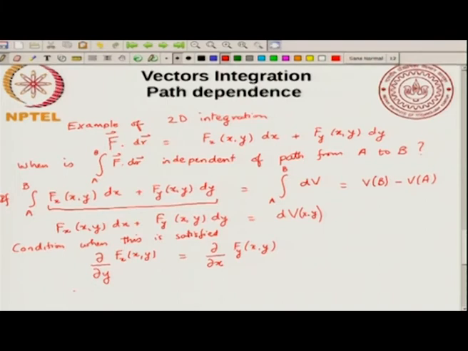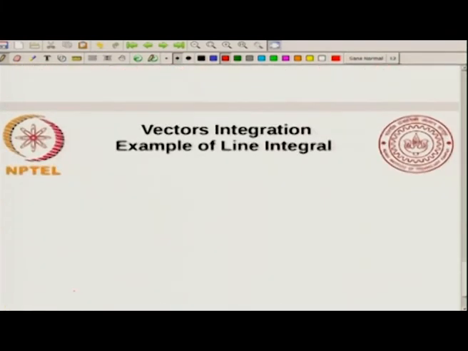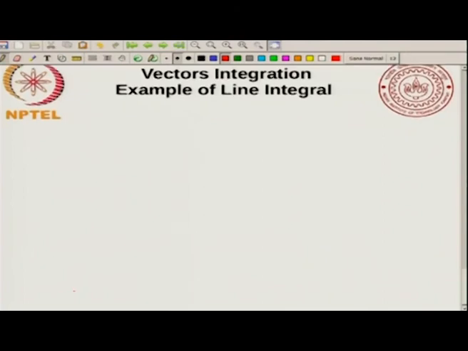So let us quickly do one example of a line integral. What we are going to do is an example. Let us calculate the work done.